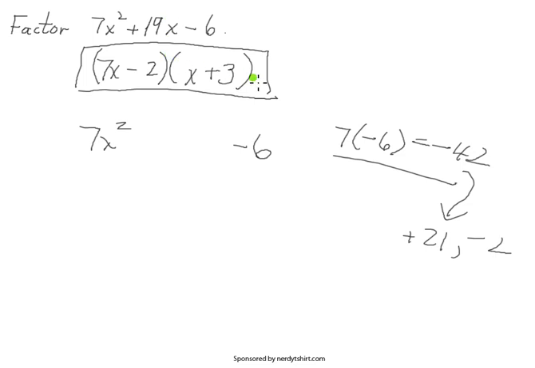So this observation, multiplying the leading by the constant coefficient and then finding factors of that product that combine to the middle x term coefficient, gives you a grouping-based way of taking this 19x in this case and breaking it down into the two parts generated by the outer and inner products from the FOIL of the factored form.